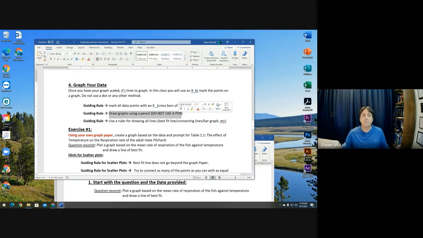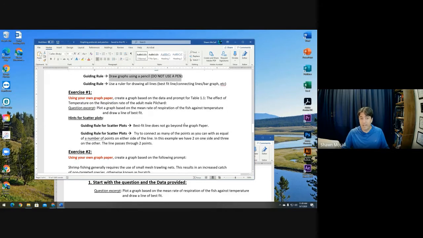All right, so now let's get on to the first exercise. I'm going to switch over to an aerial view because you're going to be using your own graph paper. I am going to practice that myself, and we're going to go over this particular set of data, Table 1.1. It is going to be a scatter plot.